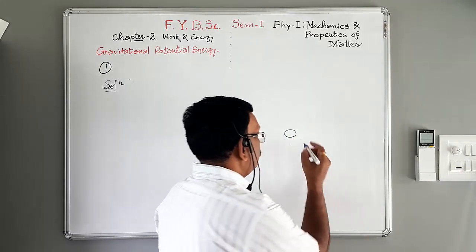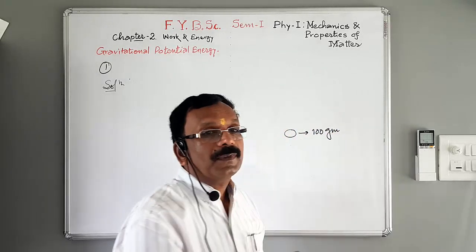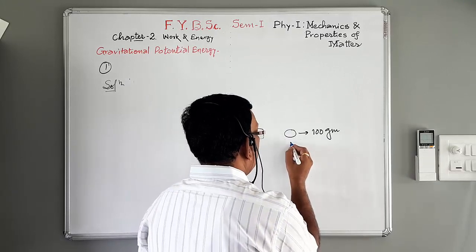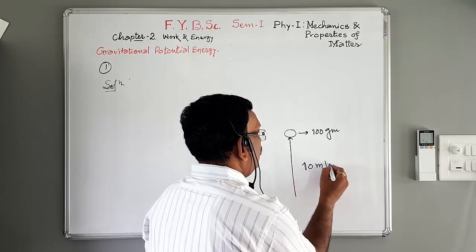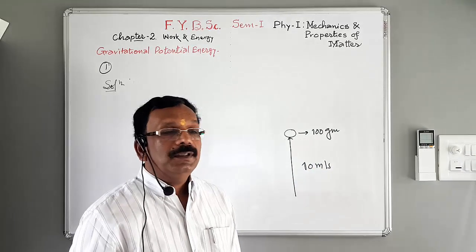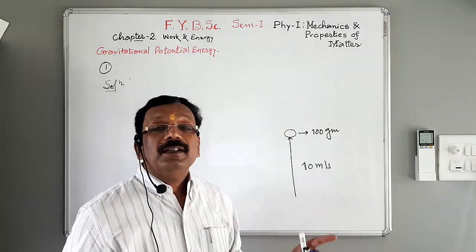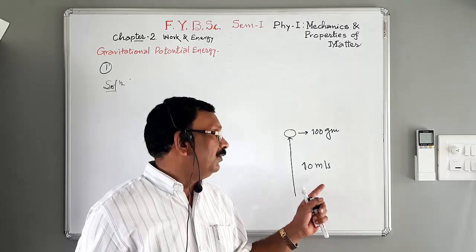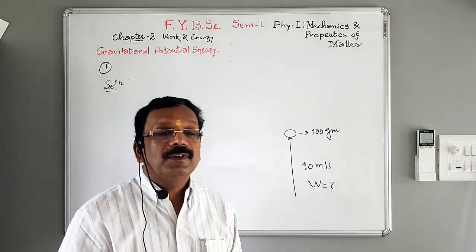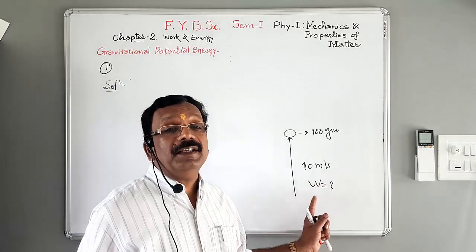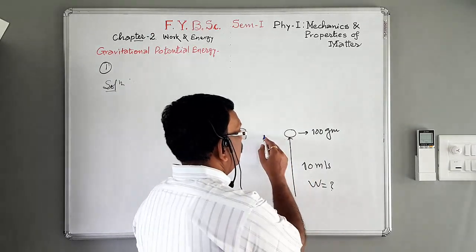We throw this and the mass of this body is 100 gram. We throw this body in upward direction with speed 10 meter per second. Now we have to find out the work done, W, by the force of gravity during the time the body goes vertically up.